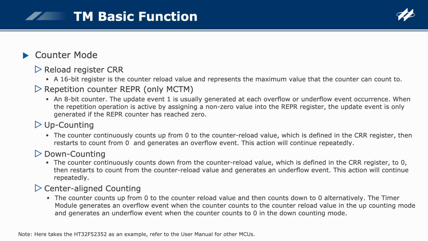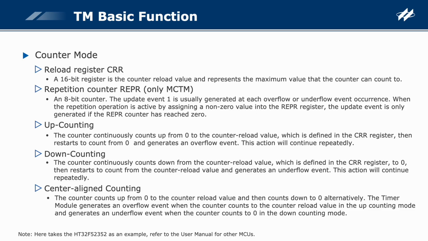Then we will introduce the reload register CRR, the repetition counter REPR, and counting modes. First, let's introduce the reload register and the repetition counter. The reload register is a 16-bit register that specifies the counter reload value CRV, which represents the maximum value that the counter can count to.